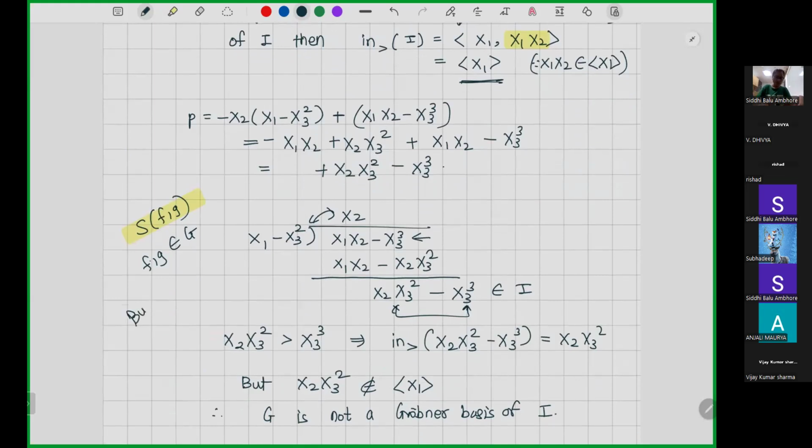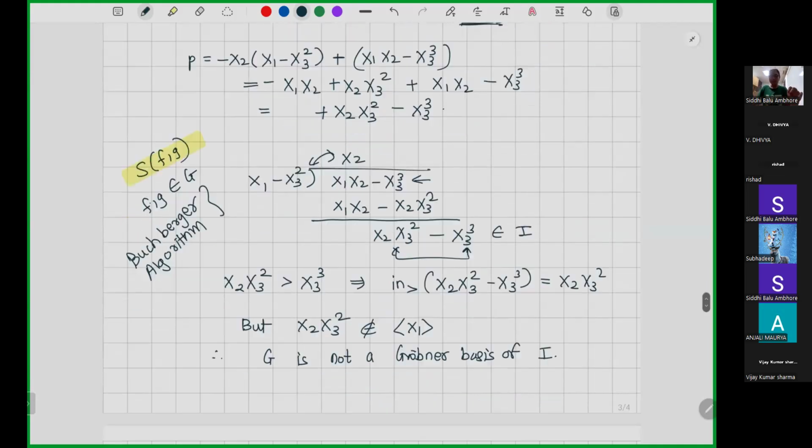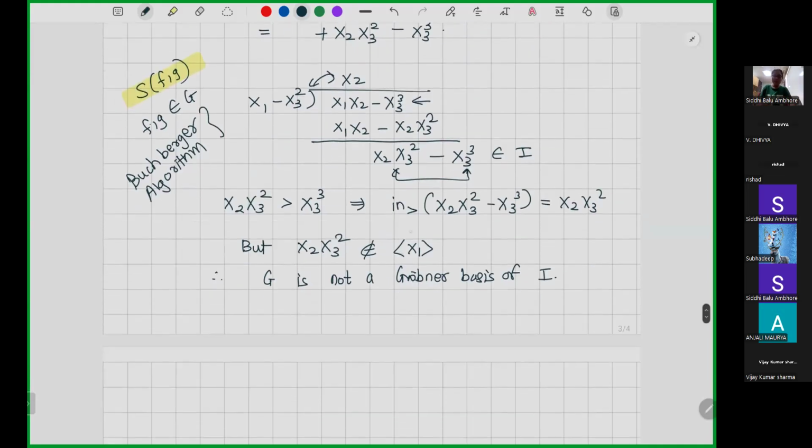It gives us a Gröbner basis from the given generating set of ideal I. So there is an algorithm to actually obtain it, and by that algorithm we have to add this element as well to the Gröbner basis.